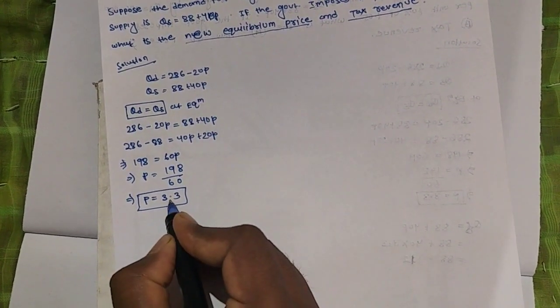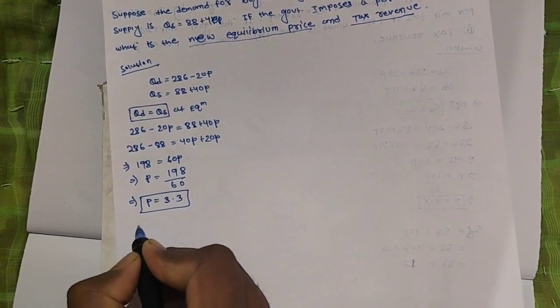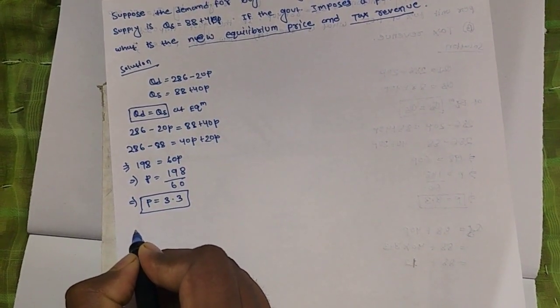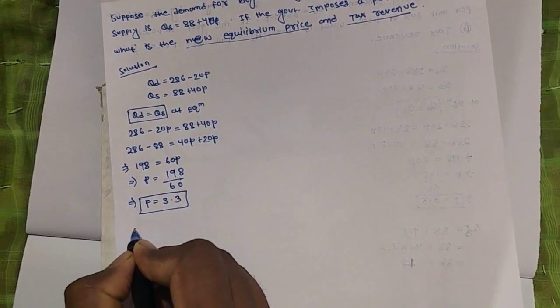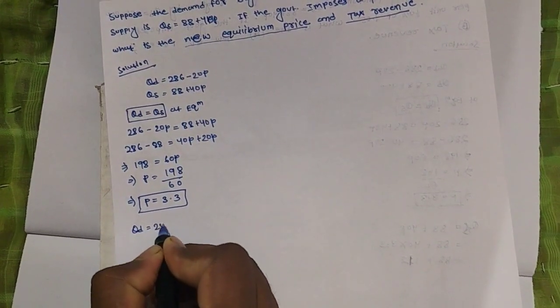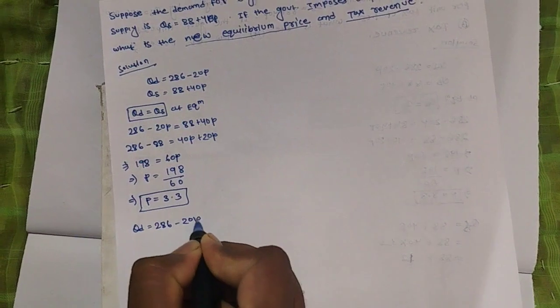Now putting the 3.3 into the quantity demand function, we get the original quantity, that is QD equal to 286 minus 20p.